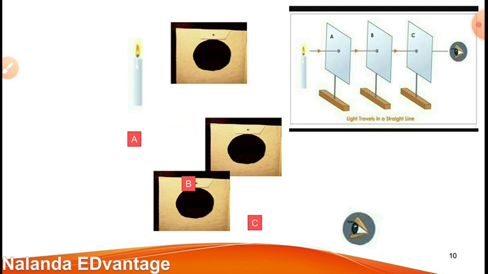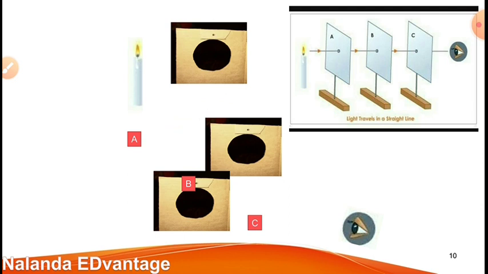This proves that light travels in a straight line, because when these cardboards are rearranged or shuffled, the light rays were not visible to the observer. Whereas in the figure given here, the light rays were visible when these cardboards are placed in a straight line order. Hence, these two experiments prove that light travels in a straight line.